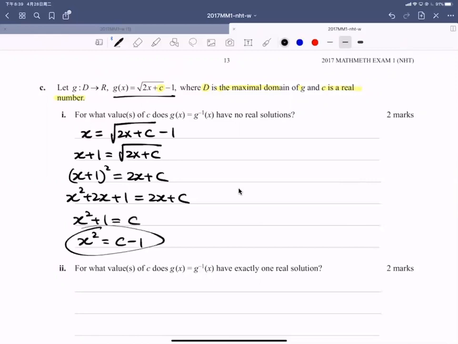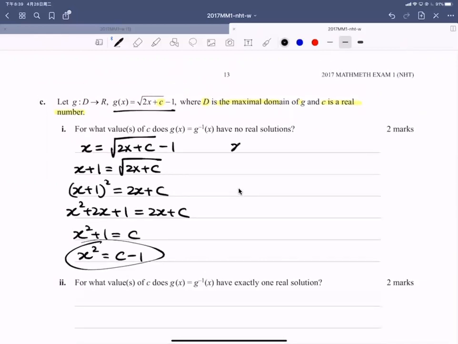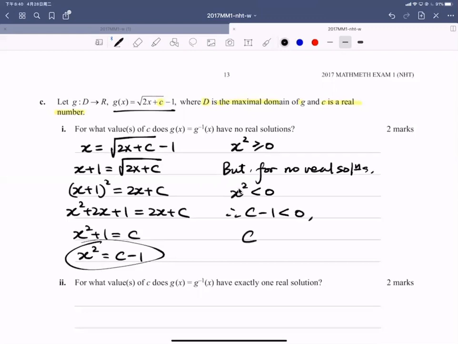So for that equation to have no real solution, I would say, okay, x squared is greater than or equal to 0. But for no real solution, x squared should be smaller than 0. Therefore, c minus 1 is smaller than 0, and c should be smaller than 1. Okay?